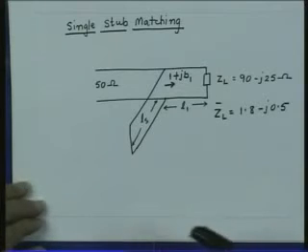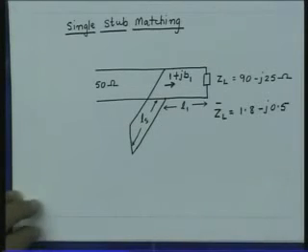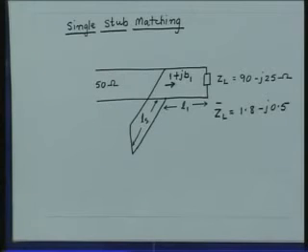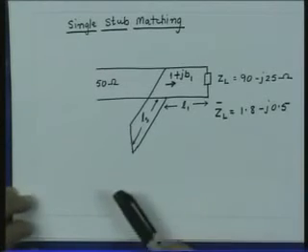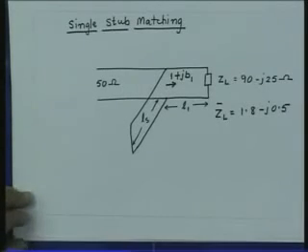While calculating the length of the stub, remember, since the chart has become an admittance chart, the short circuit point is the rightmost point on the chart and the open circuit point is the leftmost point on the chart. So, move on the chart from the susceptance value which you want to match up to the short circuit point, and you will get the length of the stub. So, these are some of the problems which can be solved very easily.